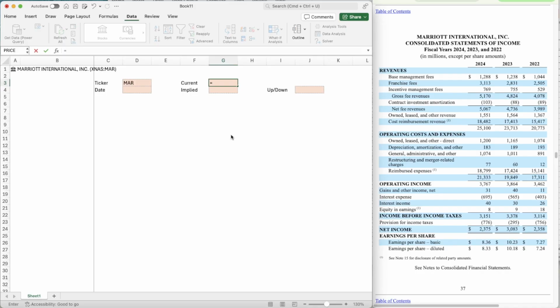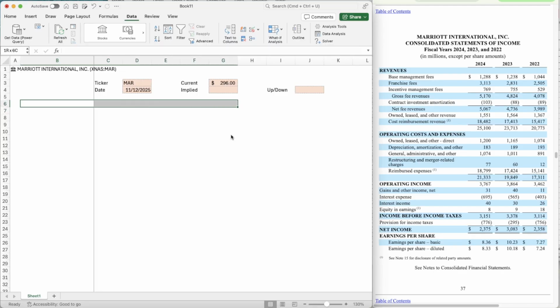For current price, we go again A1, open your square brackets, price. We leave the implied and the upside/downside because we need the model to give us those values. The date today is the 11th of the 12th, 2025.